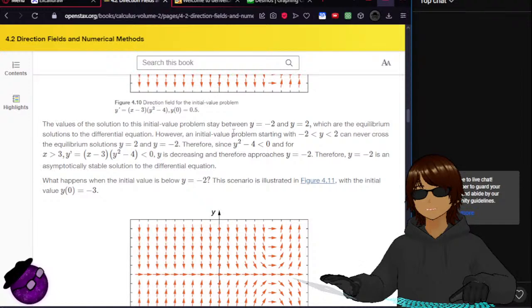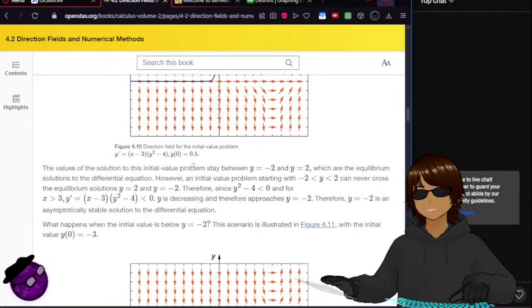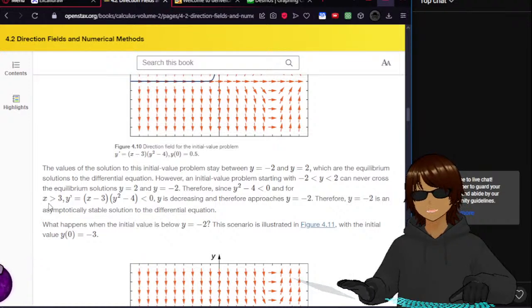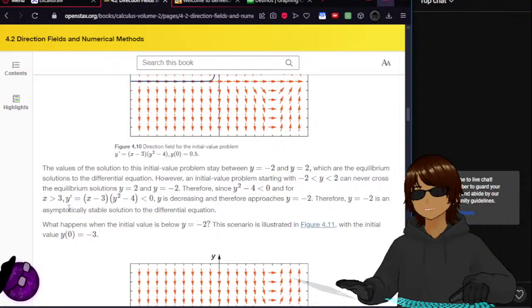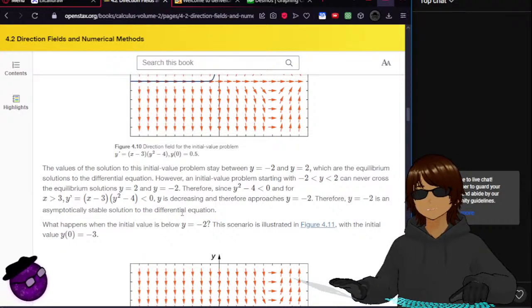However, an initial value problem starting with y between -2 and 2 never crosses the equilibrium solution y is equal to 2 and y is equal to -2. Therefore, since y square minus 4 is less than 0 for x is greater than 3, y is decreasing and therefore approaching -2. Therefore, y is equal to -2 is an asymptotically stable solution to the differential equation.